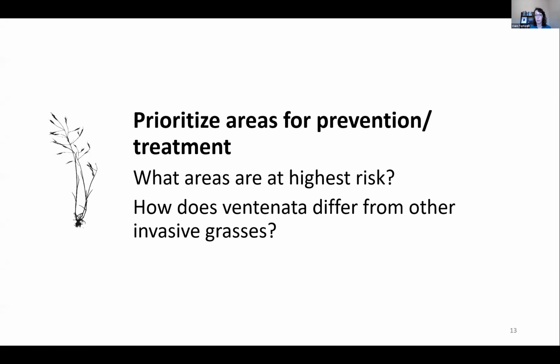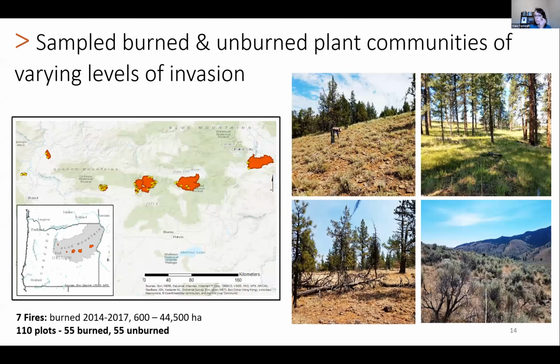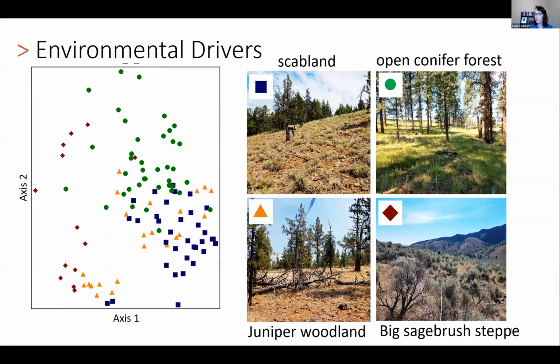We know some of this from our observations, but some of my PhD work was to investigate this further by sampling fires across eastern Oregon, across the Blue Mountain ecoregion, where we looked at vegetation and site characteristics and tried to characterize ventenata's niche in relation to other annual grasses, cheatgrass and Medusa head.